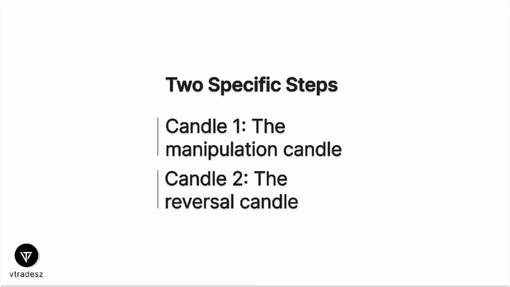The model requires 3 specific steps. Candle 1, the manipulation candle. This is the candle that sweeps liquidity or taps into our higher time frame zone. Candle 2, the reversal candle. It must fail to hold the direction of candle 1 and close aggressively back the other way.